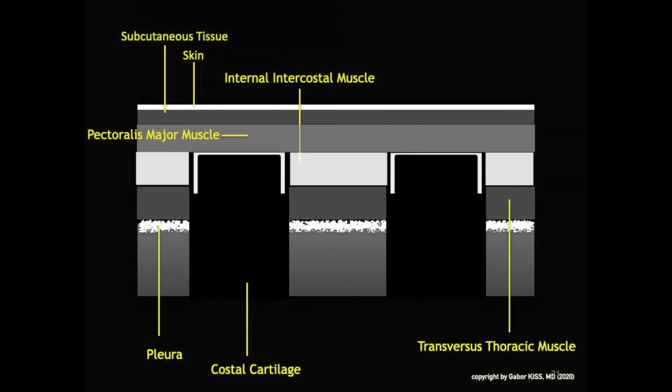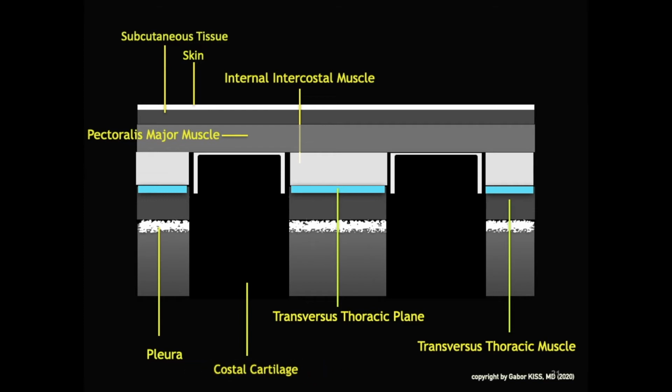Here on this ultrasound image, we will recognize the same structures as in the previous cartoon. The transversus thoracic plane is located between the internal intercostal muscle and the transversus thoracic muscle with underneath the pleura.